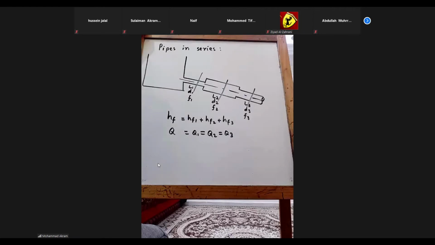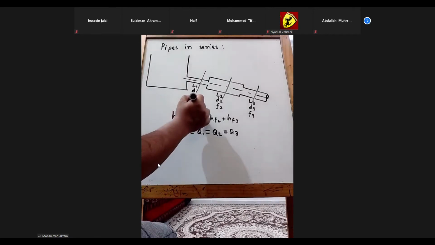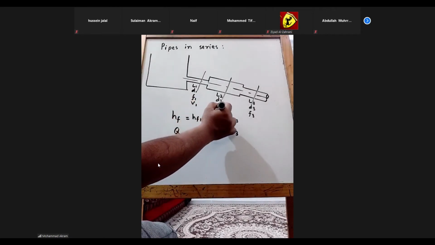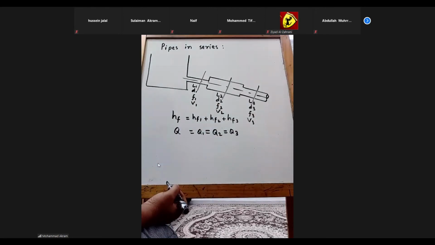Is this clear now? Yes, doctor, it's clear. Doctor, how is discharge equal to each other and areas different? Velocity will change. Also area is changing. Yes.